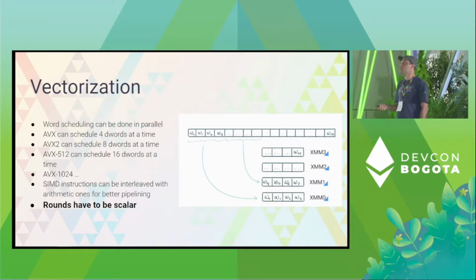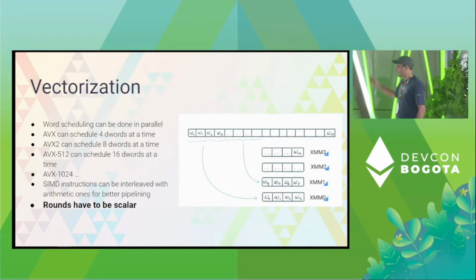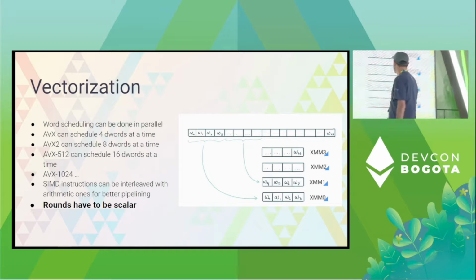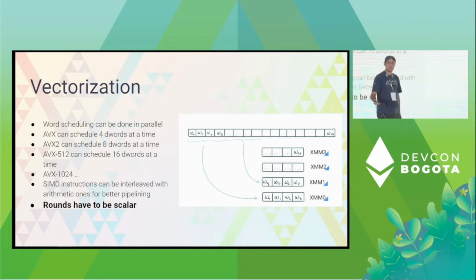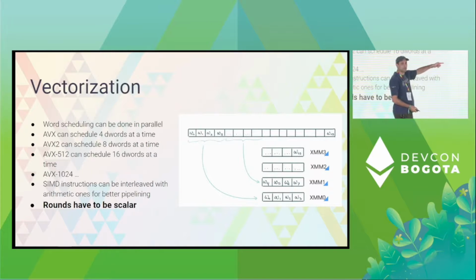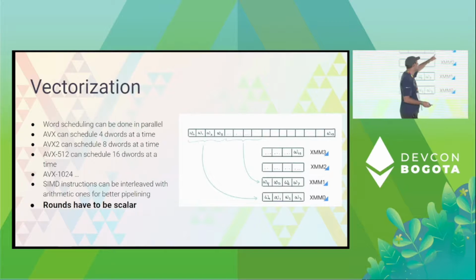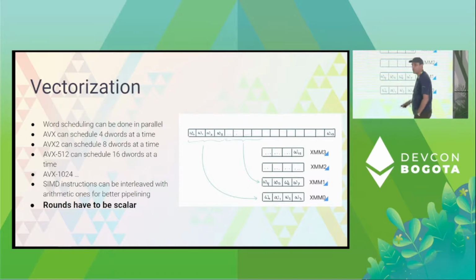If your CPU supports 128-bit registers like these ones, and almost every CPU now does, then you're going to compute 4 words at a time, 4 double words at a time. You start with your 16 double words, which is your message, and you can put those 16 double words in only 4 registers.